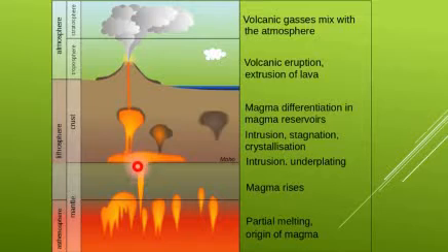And then we have here the magma differentiation in magma reservoir. Ayan, since ito yung mismong main magma chamber natin, definitely yan ay konektado diyan sa kumbaga tubo na dinadaanan ng magma kapag ito ay lalabas sa volcano. So that is magma chamber or magma reservoir. So there is intrusion, stagnation, crystallization.